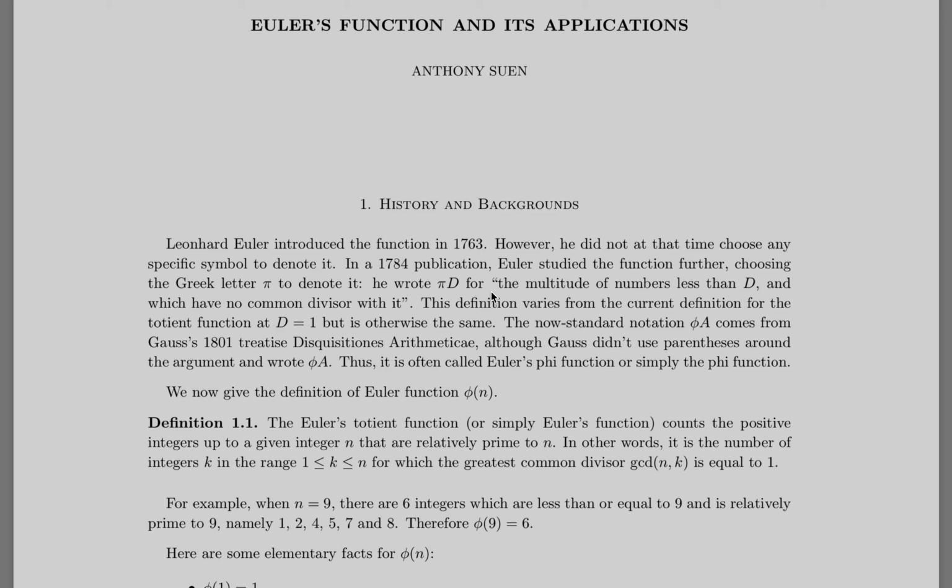You can see the background. Actually, this function has some other applications, not just for counting integers relatively prime to some other positive integer. In fact, we can use it in a very tricky way, and it's also very useful when we are solving some problems about congruence.